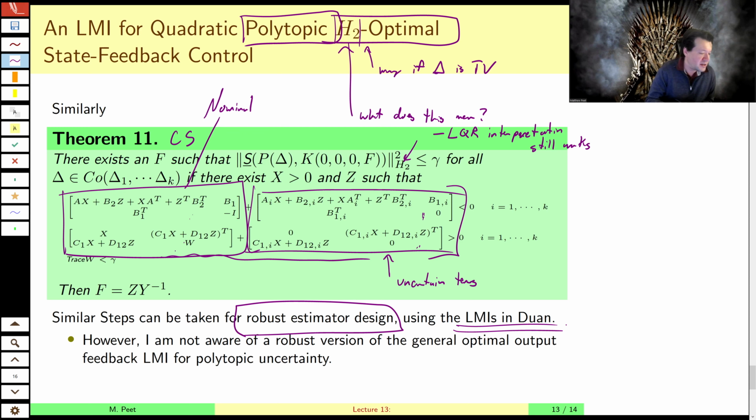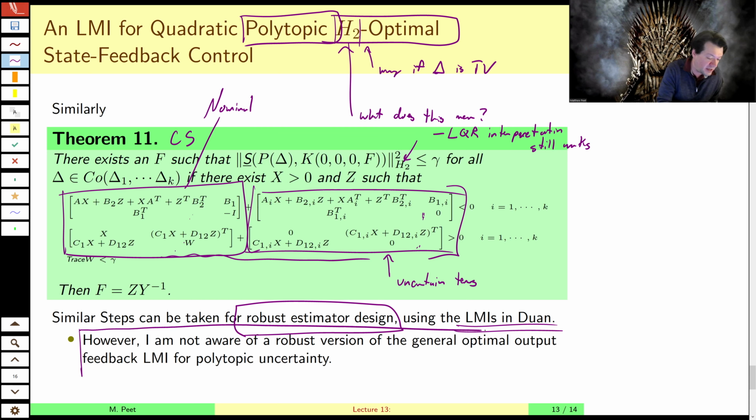So this is controller synthesis for H2 and H infinity, and I think you can figure out what the ones for estimator design are as well, if you'd like to. And then, of course, if you like, you can combine the robust controller with a robust estimator and get something which is maybe robust-ish, but again, no performance bounds.